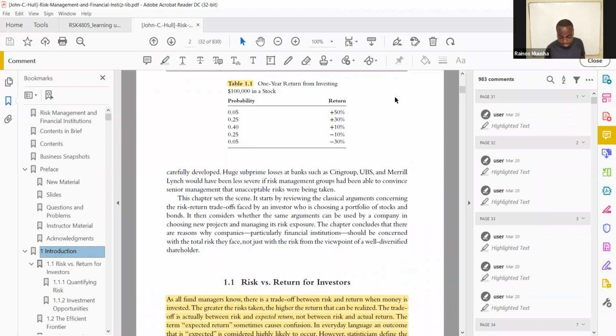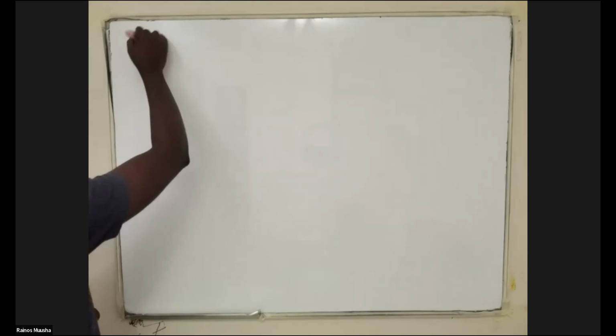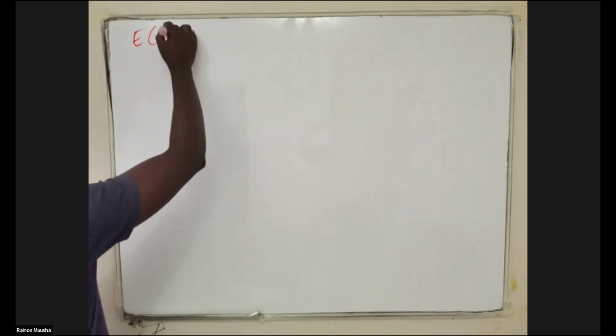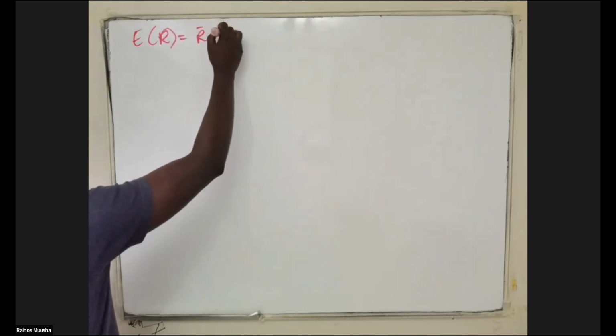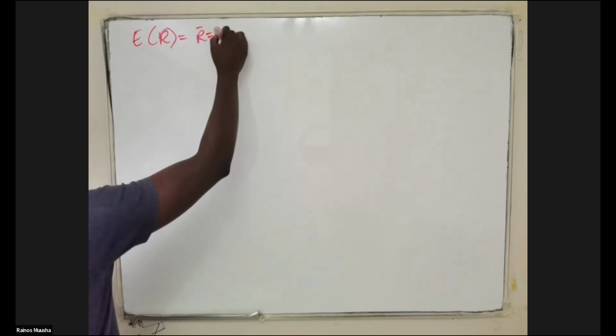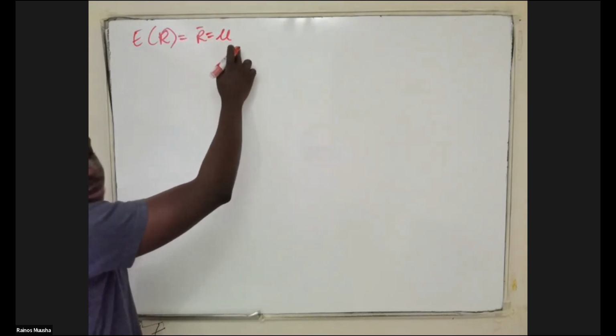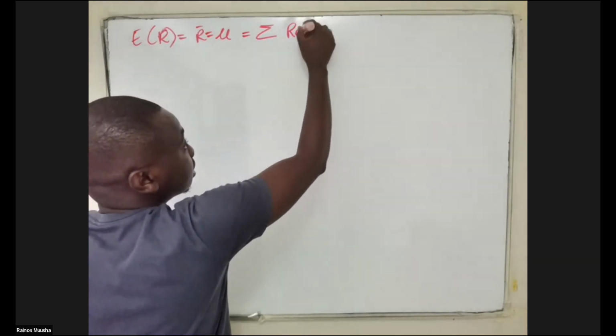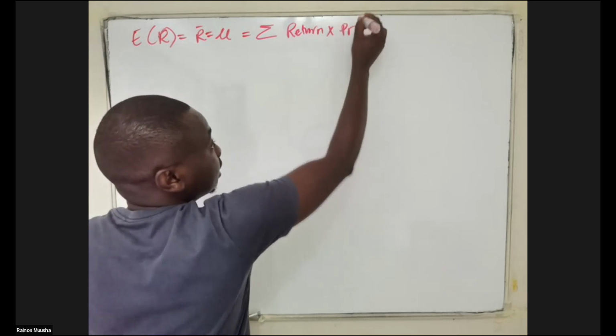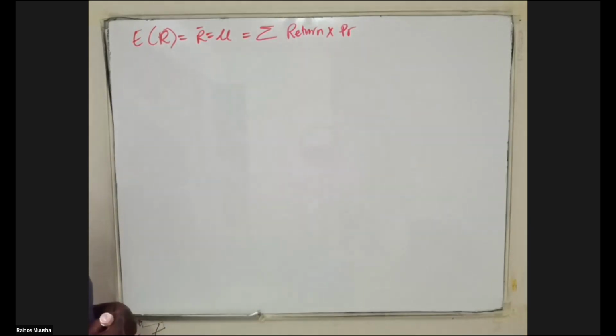If you have done this at undergrad, we know that the expected return, which is sometimes given as the return with the bar on top, and sometimes they refer to it as the mean, which is the mu, is given as the sum of the returns multiplied by the probability of those returns. So the sum of the return multiplied by the probability of those returns gives you the expected return.